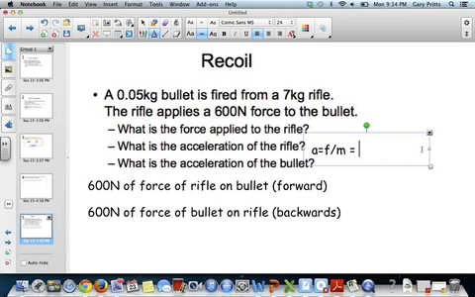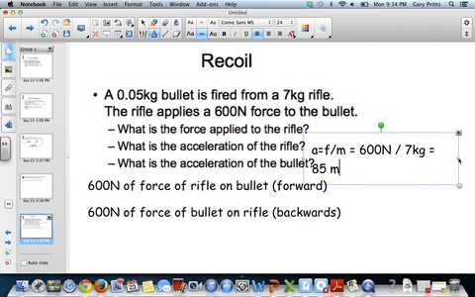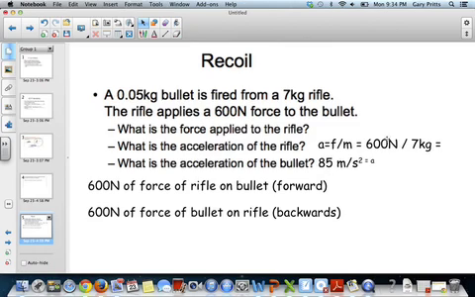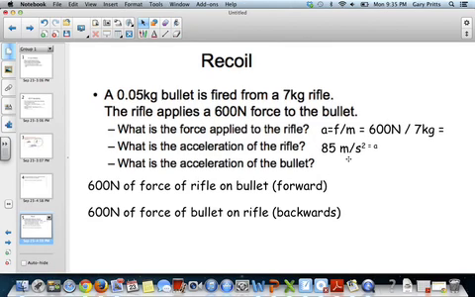You take that 600 newtons and you divide it by the mass of the rifle, which is 7 kg, and if you take 600 divided by 7, you get about 85 meters per second squared, equals acceleration. All right, so see if you can do this next one. See if you can find the acceleration of the bullet.